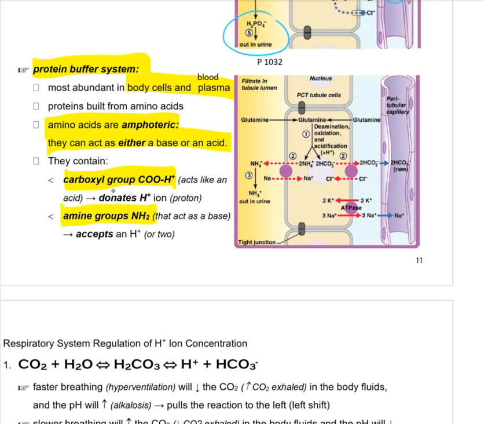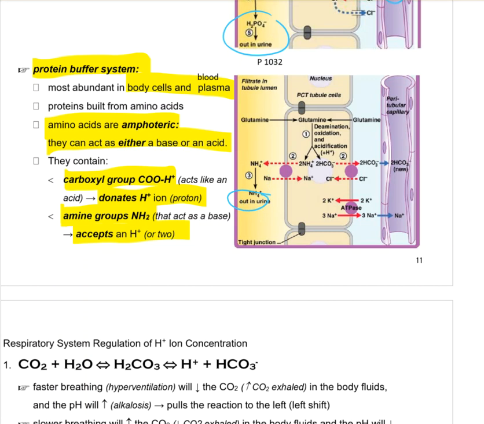The carboxyl group can donate hydrogen ions, and the amine group can accept hydrogen ions. And so we can take an amino acid, they're using glutamine here as an example, and we can break it apart into these groups. And then we can grab on the hydrogens and get rid of them as ammonia complexes. So see all the hydrogens that are in there, and those go out into the urine.